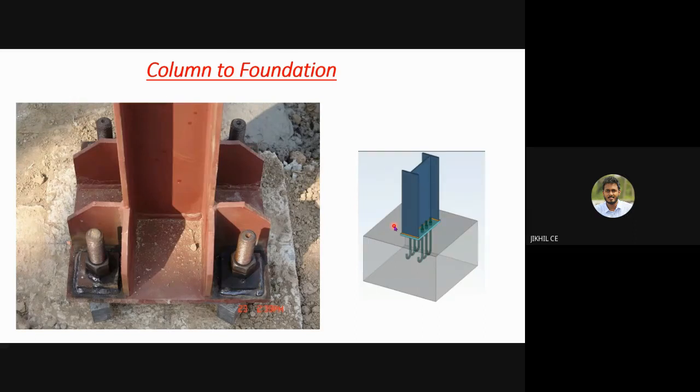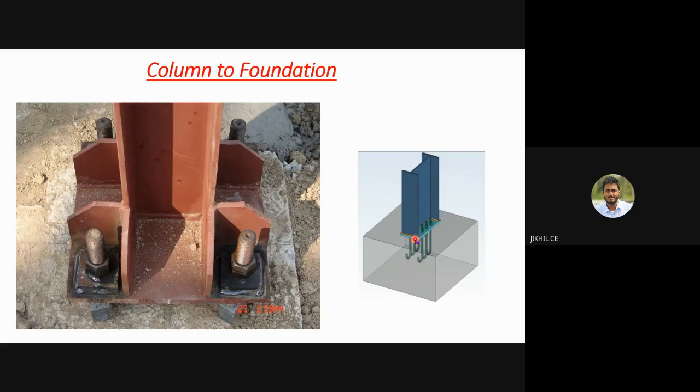And the other important connection in steel structures is the connection of the column to the foundation. As you can see, even in a steel building, the superstructure, that means the structure above the foundation, will be steel, but the material below the foundation will be concrete.